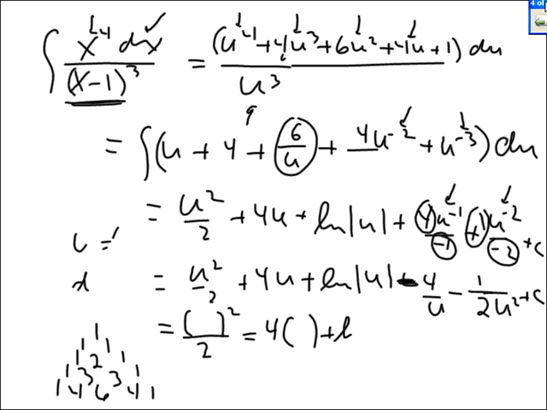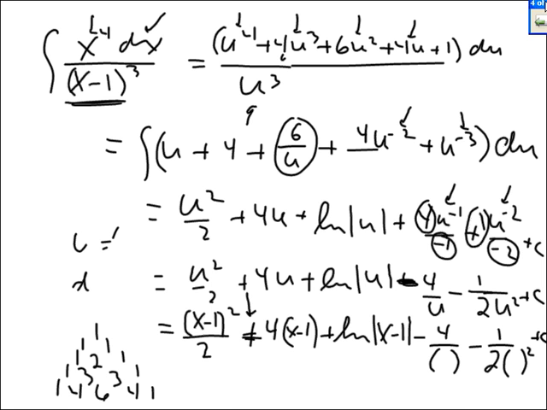You substitute in what x equals. U was equal to x minus 1. That should be a plus, like it was right above. There's the answer. That's doing it. That's the way you should do it, in my opinion.